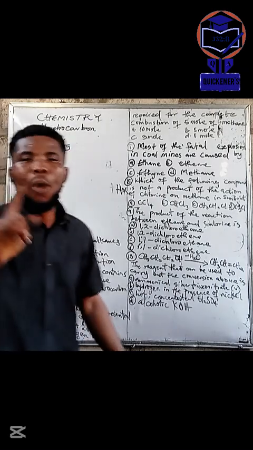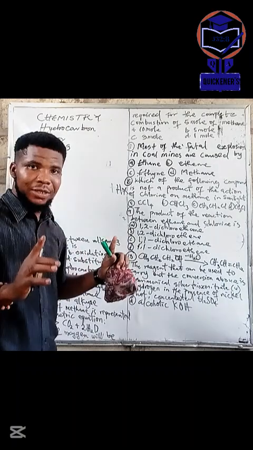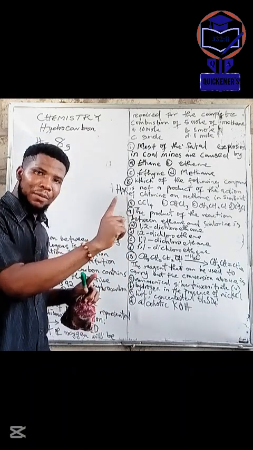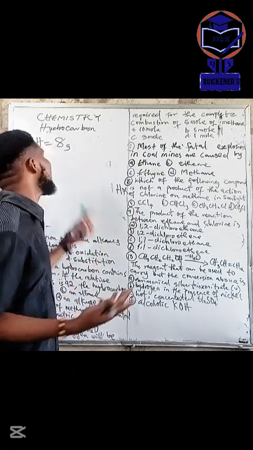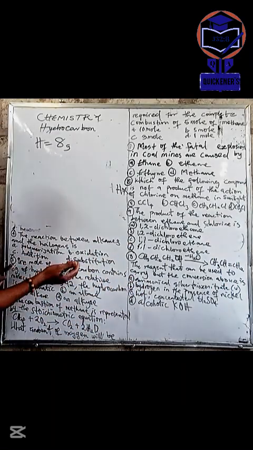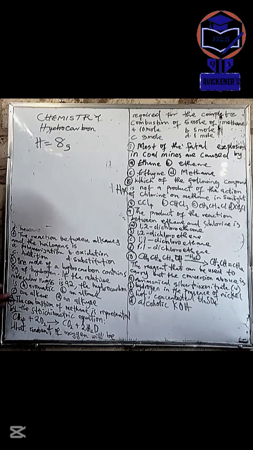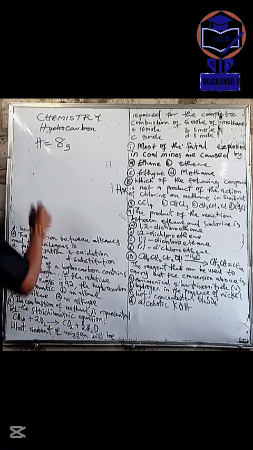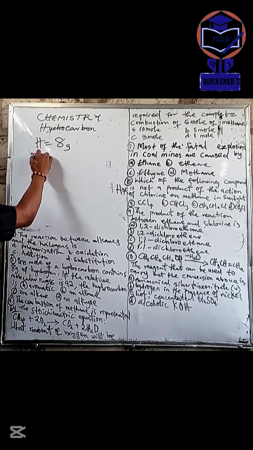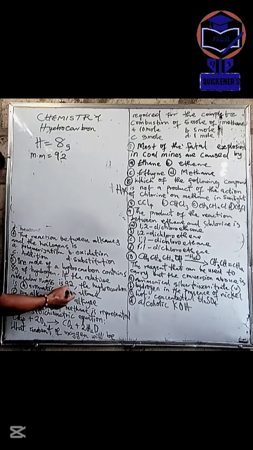Now listen, if 1 mole of a substance has 8 grams of hydrogen, and 1 atom of hydrogen is 1 gram, that means in that 1 mole we have 8 atoms of hydrogen. So the number of hydrogen in that molecule is 8. The molar mass of the molecule is, sorry, 92 I mean, 92 here.